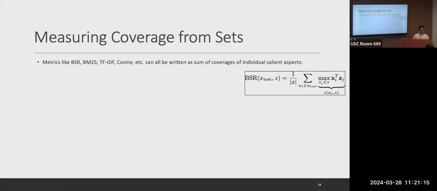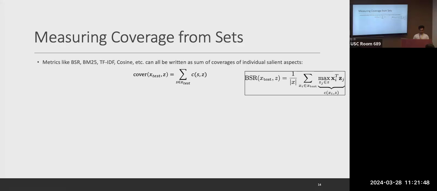Metrics like BSR, the BERT score recall that I just described, TF-IDF, BM25, cosine similarity, can all be written as such a sum of a coverage of individual salient aspects, where the definition of salient aspects differs for the different metrics. For BERT score recall, those were the tokens, the unigrams, and their contextualized token embeddings. For BM25 and TF-IDF, they will be the terms you are using, which could be unigrams or higher level n-grams and so on.